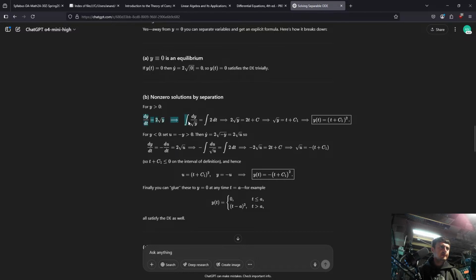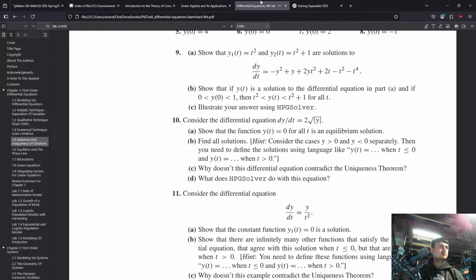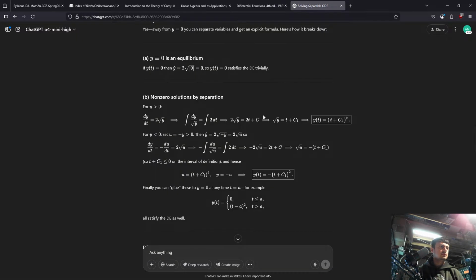So if y is greater than 0, what? Finally, you can glue these to y is equal to 0 at any time t is equal to alpha.